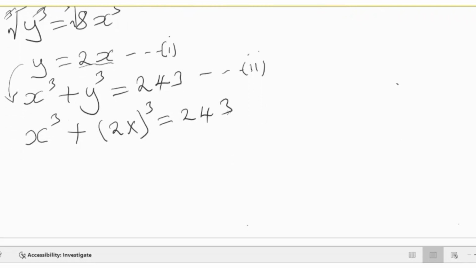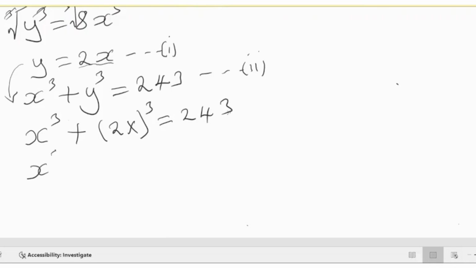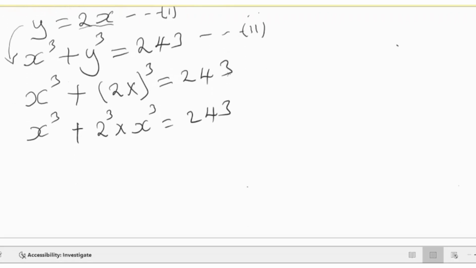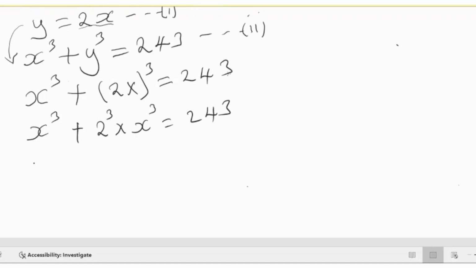This can be written as x cubed plus 2 cubed multiplied by x cubed is equal to 243. Then we can cube our 2, so we have x cubed plus 8 x cubed is equal to 243.